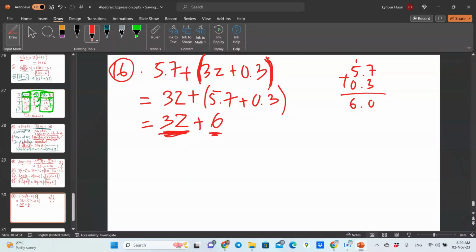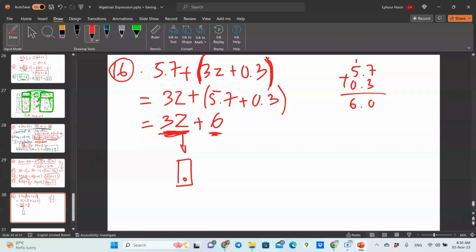A constant is a constant. For example, you have 3 iPhones plus $5. Can that mix up into one thing? Let's say Z represents iPhones.